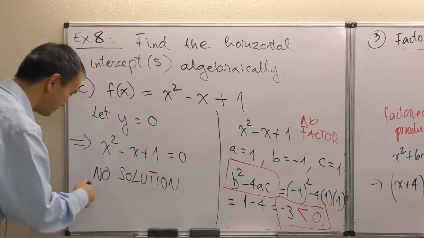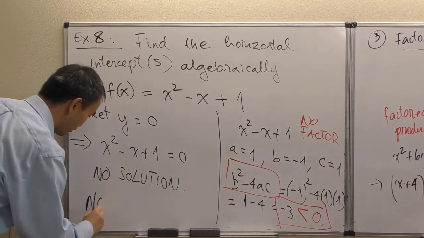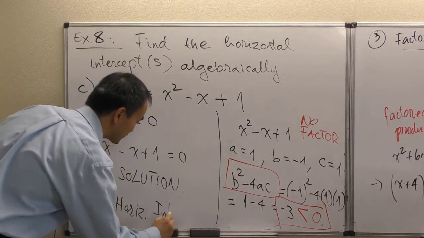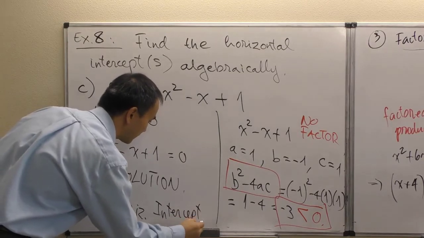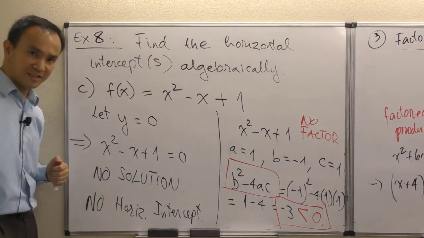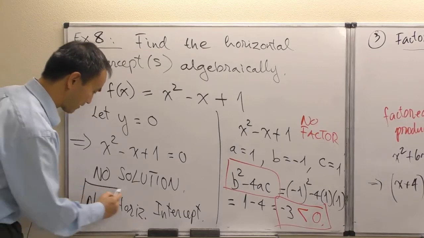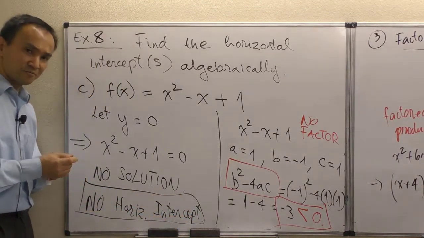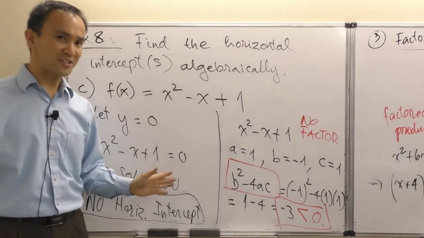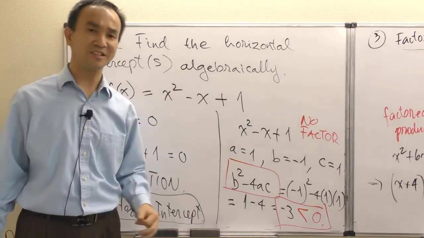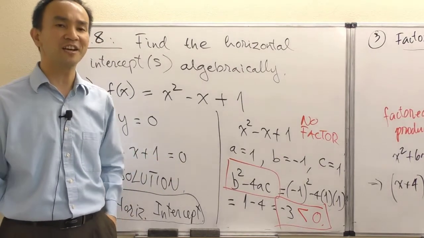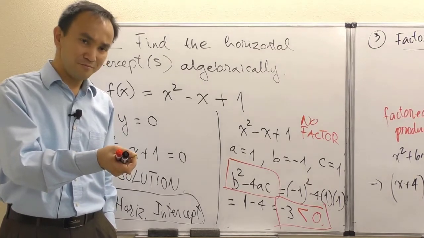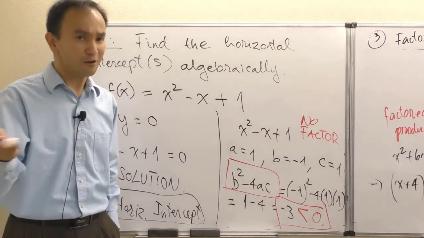So this is now no horizontal intercept. This reinforces what I said earlier, right before we got into finding horizontal intercepts: some polynomials may not have any horizontal intercept at all.